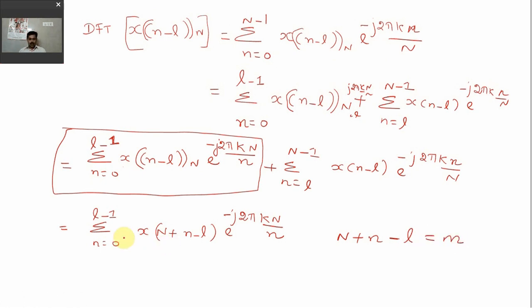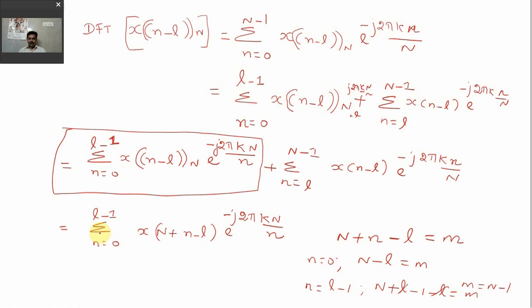Now in that you substitute n equal to 0. When you substitute n equal to 0, what you will be getting? N minus L is equal to m. And when n is equal to L minus 1, what you will be getting? L minus 1 plus N minus L equal to m, and this L and this L will cancel, and you will be getting m equal to N minus 1.